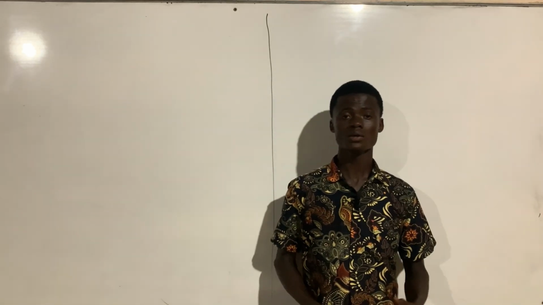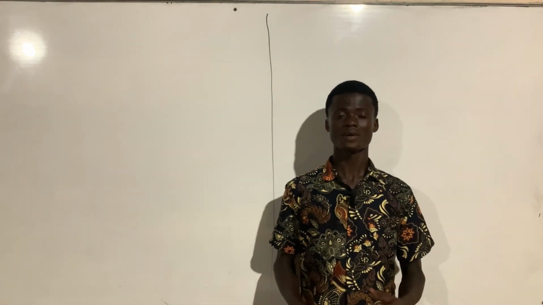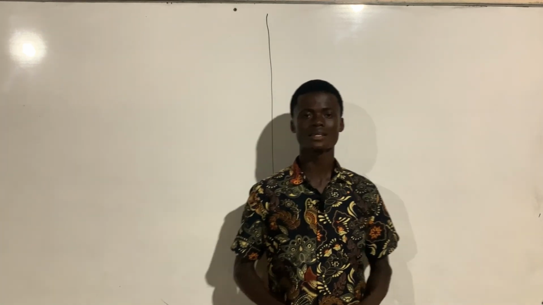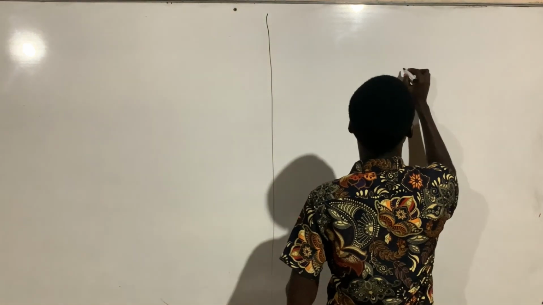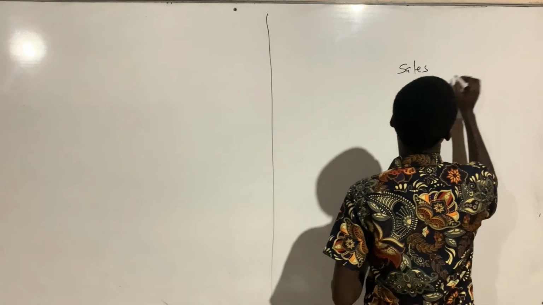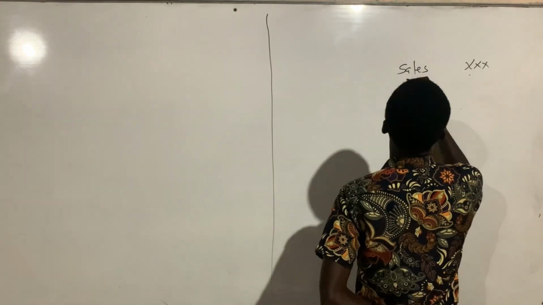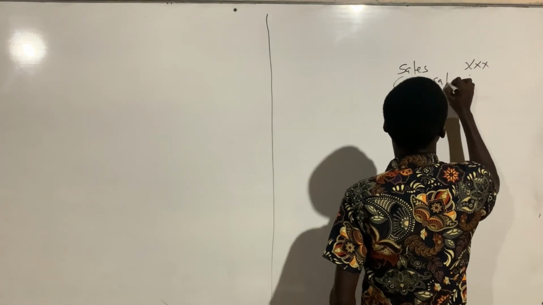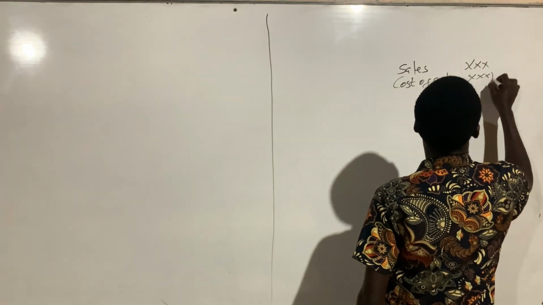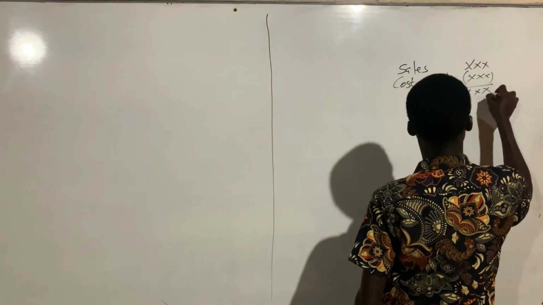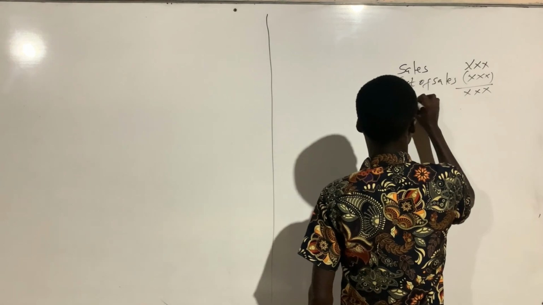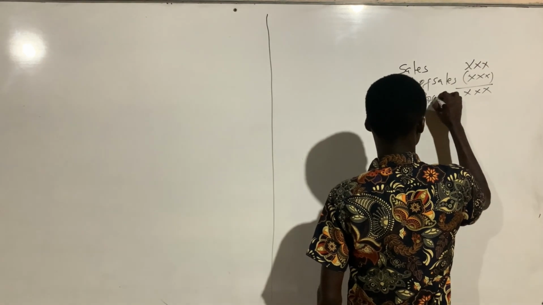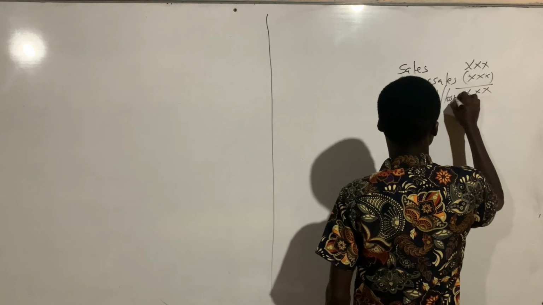But if you remember, whilst discussing the format of the statement of profit or loss account, we said that there are some vital items you need. These items are: 1. The sales. You need your sales figure. Then you subtract your cost of sales from the sales figure to get gross profit or loss.